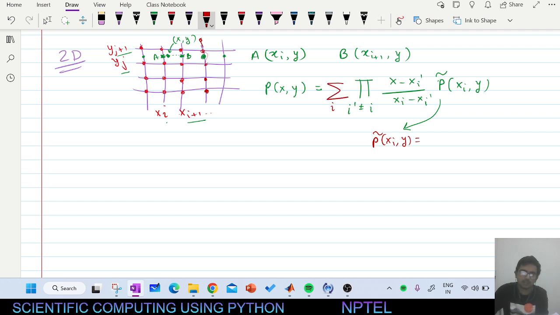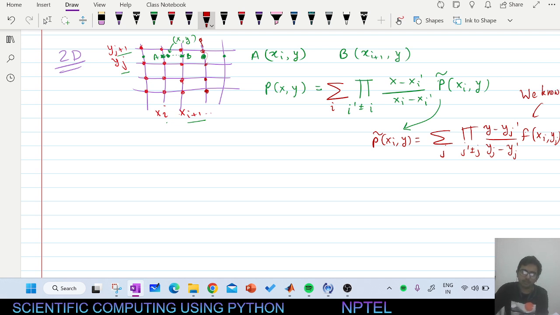Sum over j, and product over j prime not equal to j, and now we are going in the y direction, so y minus yj prime divided by yj minus yj prime, right? And now p, or rather f, because we already know f at xi, yj. This we know, right? Because they are on grid points.